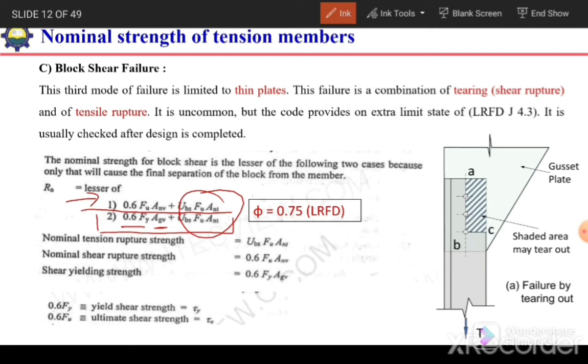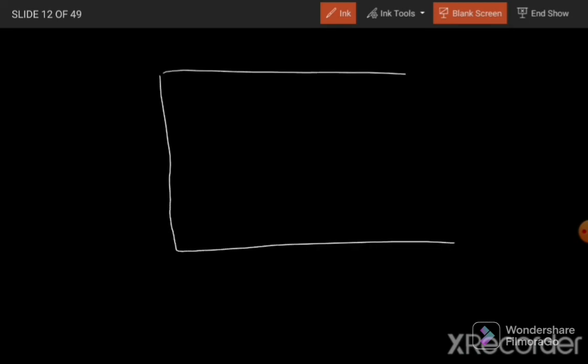So here the question is how much will be the net area in shear and the net area in tension. For that we can see over here, if we have a plate and we have the bolts like this, and failure occurs in this direction.